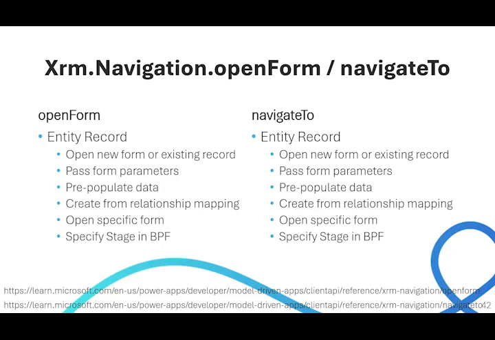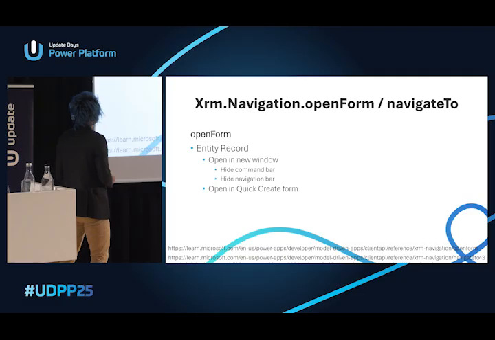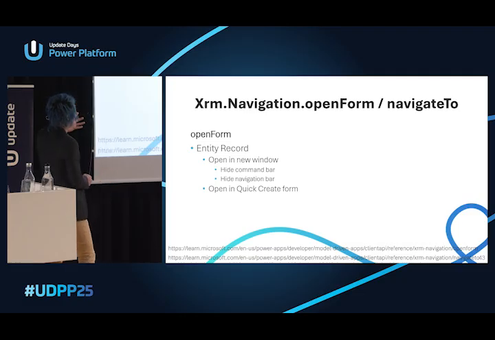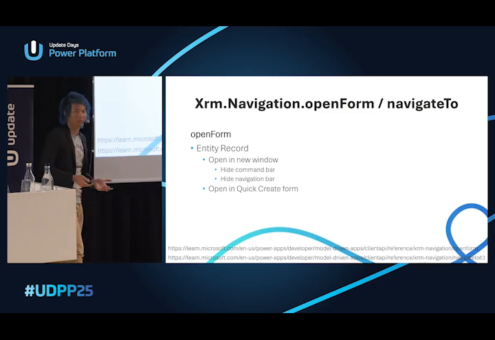So Microsoft, the openForm is the old method, but they came up with a new one. But a lot of functionalities overlap. But openForm is a bit more useful when you want to open a pop-up record, like opening a new window without a command bar or navigation bar, and open this quick create form.